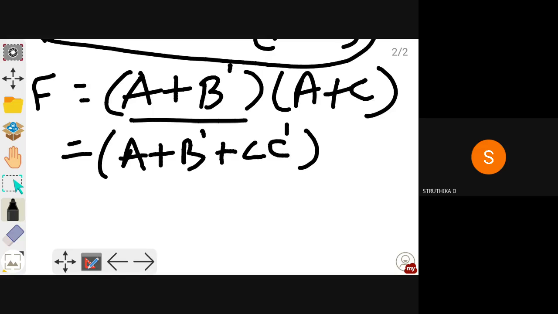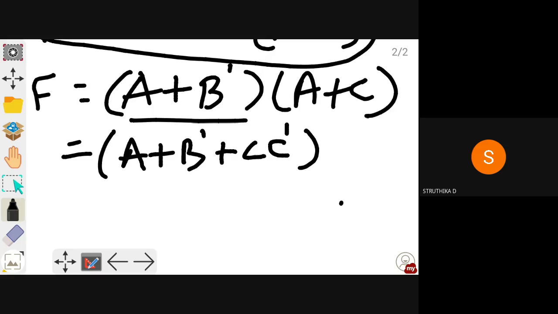So if you add a plus b dash plus 0, you get a plus b dash. In sum of min terms, you have to add c plus c dash. In product of max terms, you have to add c into c dash, because c into c dash will give you 0, and anything plus 0 will give you the same expression. So a plus b dash is not changed now.